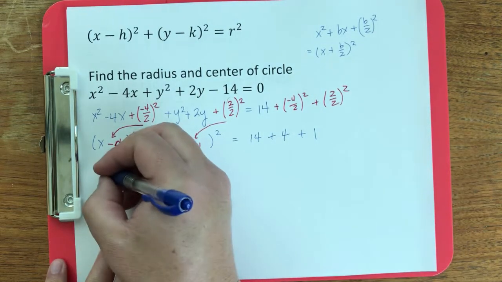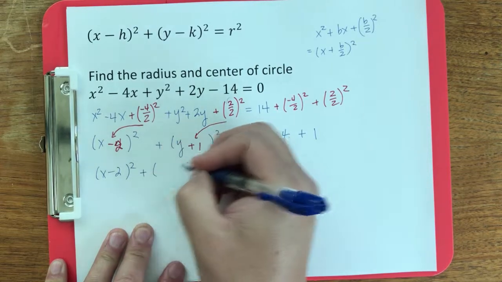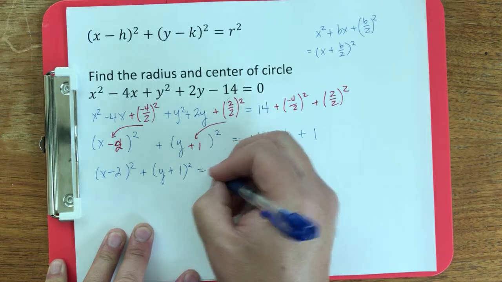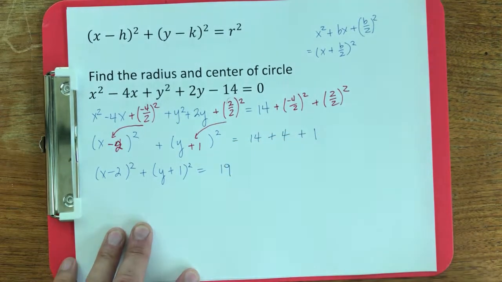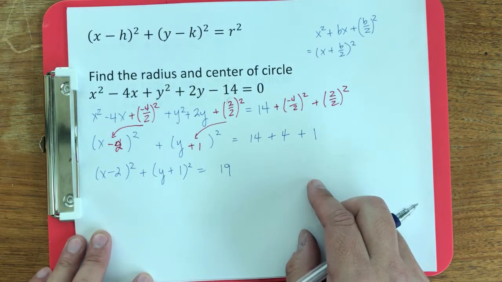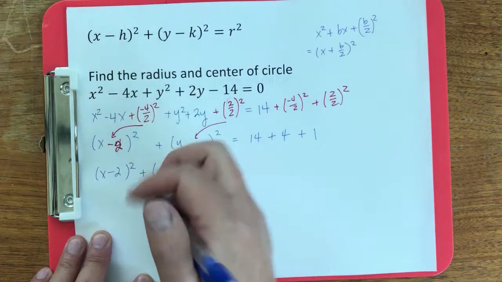Now let me make this a little prettier. Okay. Now in order to find the center and the radius, what we're going to do is we will pattern match. So let's get our original equation of the circle.